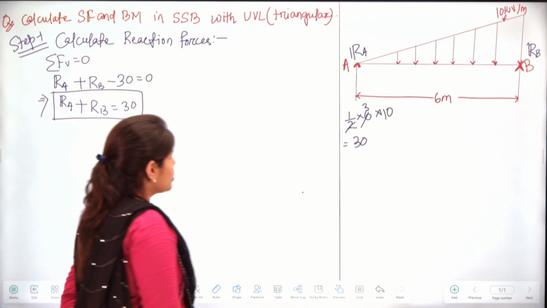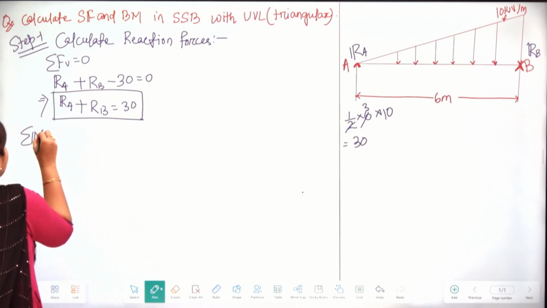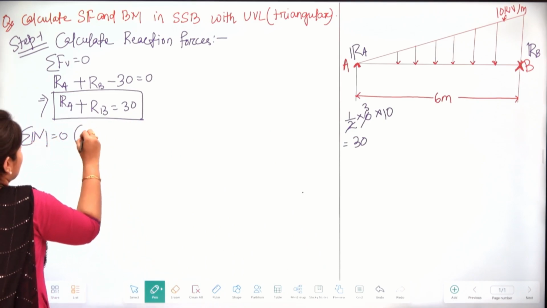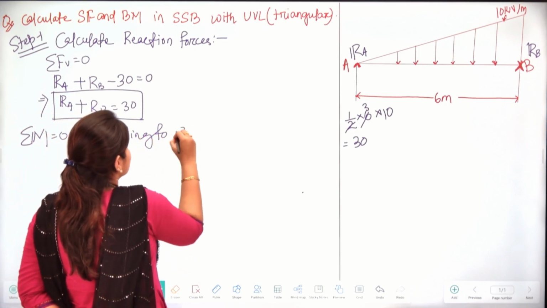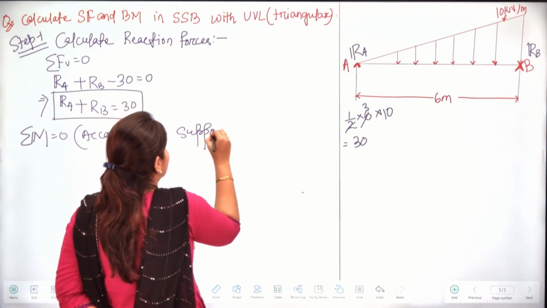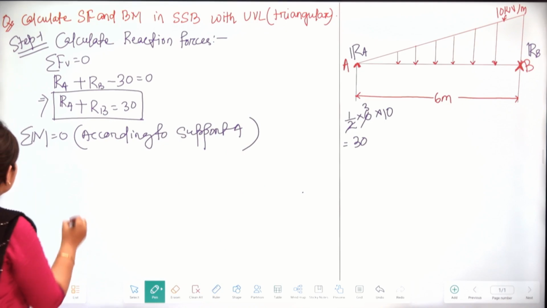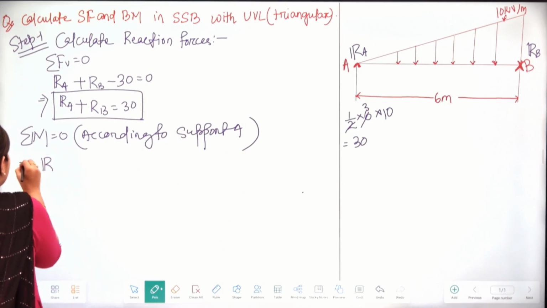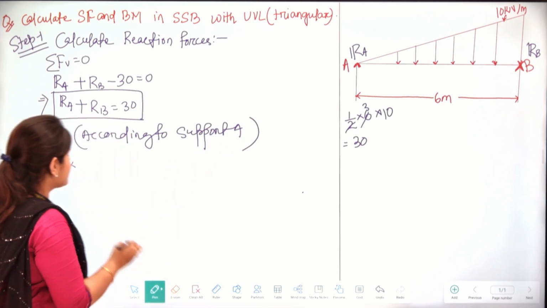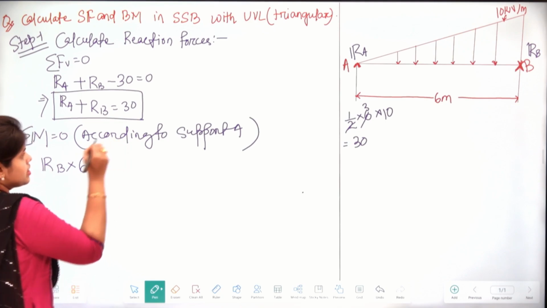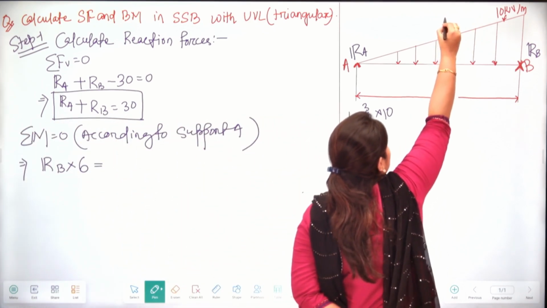Next, we take the moment about support A. We will have the equation RB into the total distance, RB into 6, equals the moment of the load.